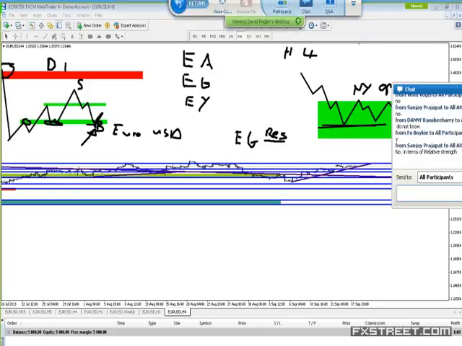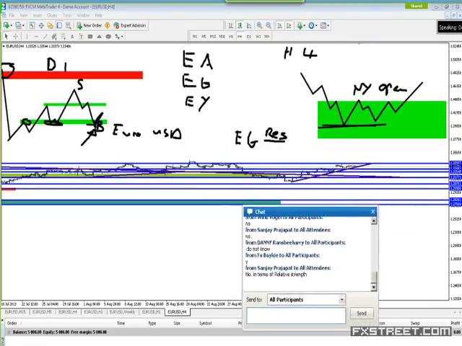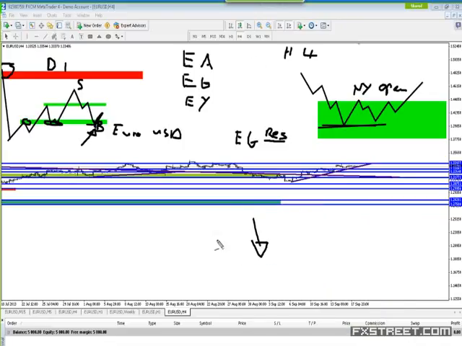And remember something, that if Euro Pound is likely to go down, it doesn't mean that the Euro cannot go up. It just may not go up particularly vigorously. In other words, your relative strength can work against you, right?